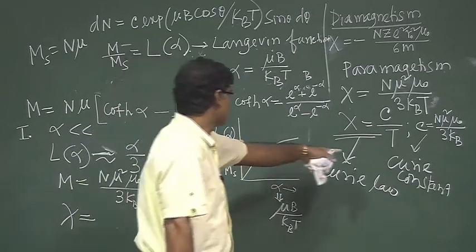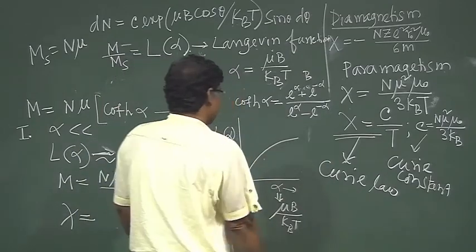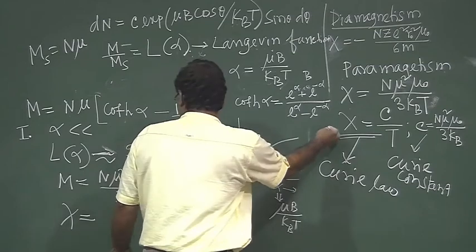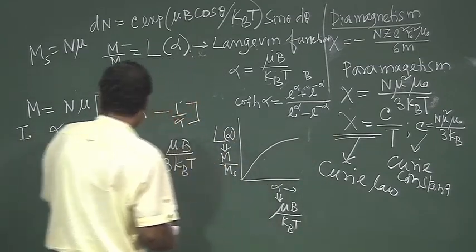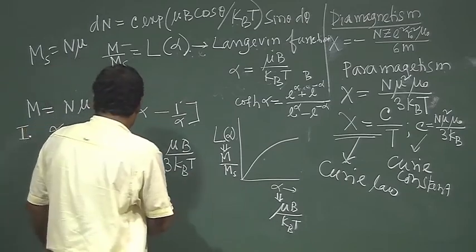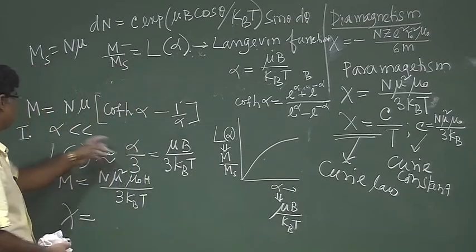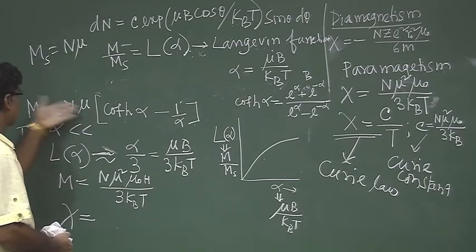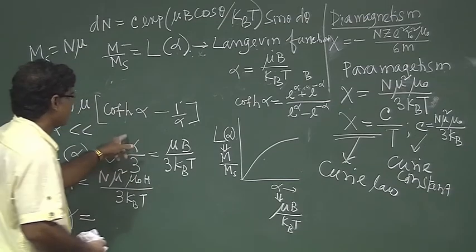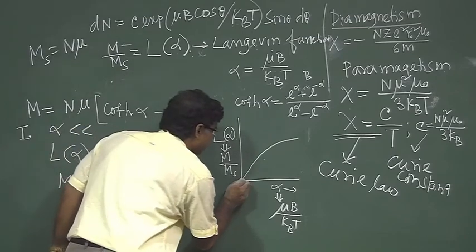So it varies like this. At higher temperature, basically m by ms equal to alpha by 3.